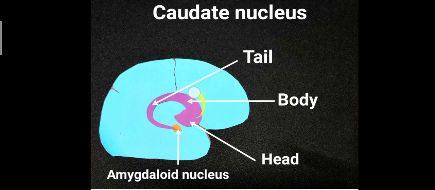The purple one is the caudate nucleus, which has a head, body, and tail, and at the tip of the tail you can see the amygdaloid complex. You can draw this simple diagram to represent the caudate nucleus.